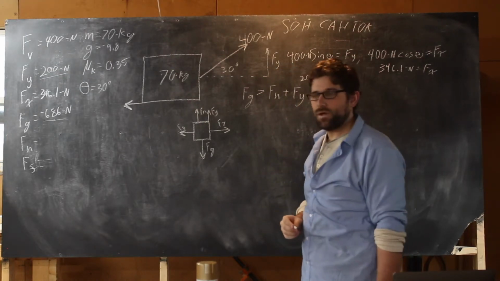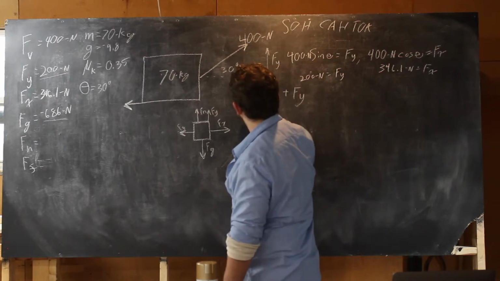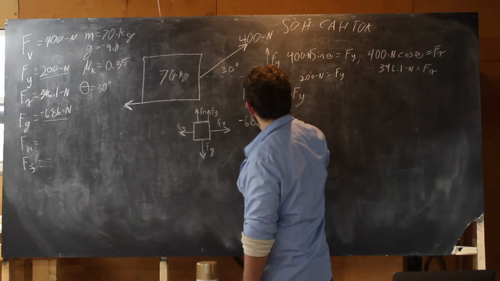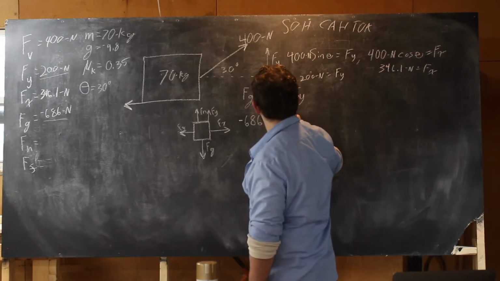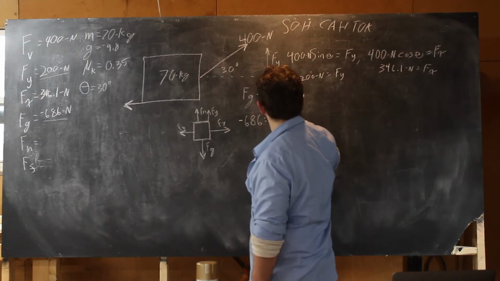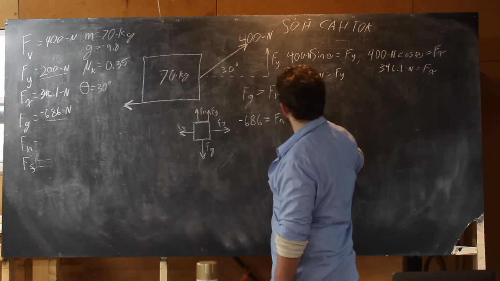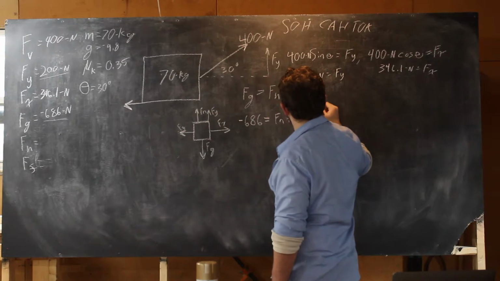Okay? Great. So, force of gravity is a negative 686, equal to force normal plus force in y, which is 200.